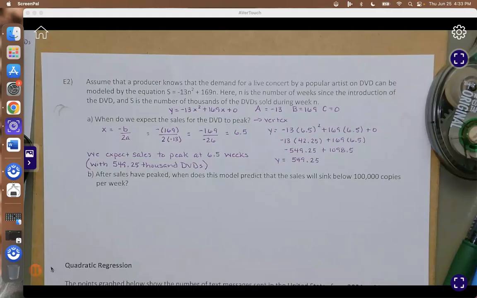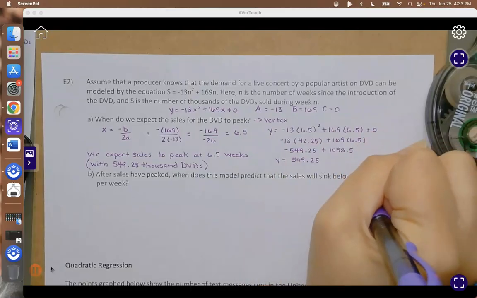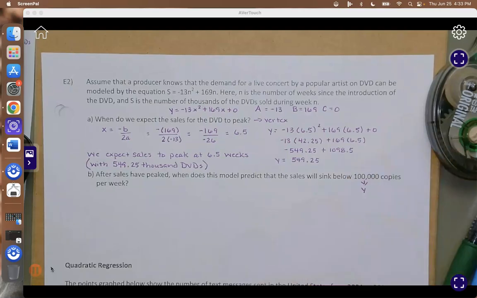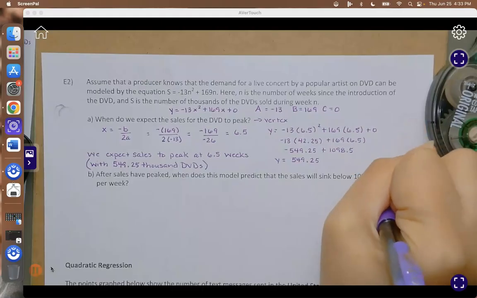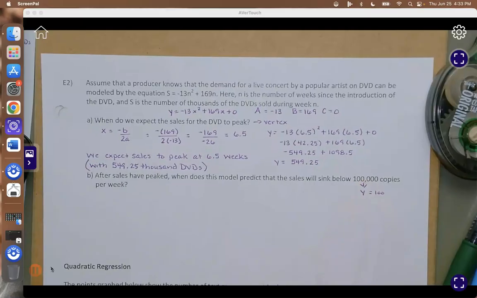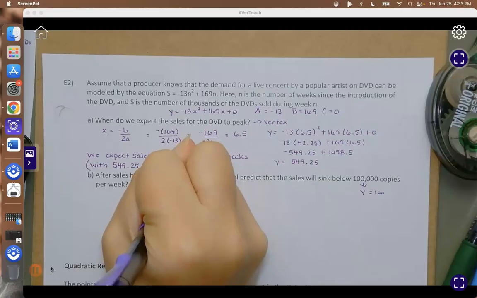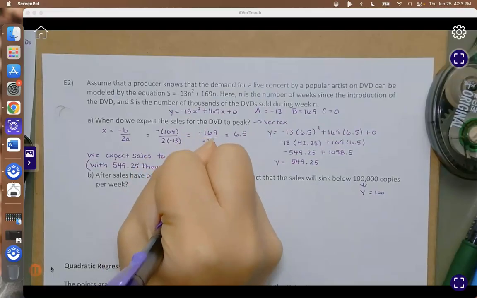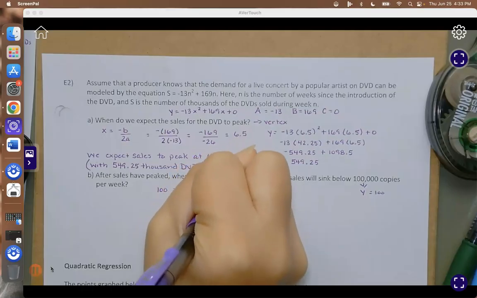Now, after sales have peaked, when does this model predict that sales will sink below 100,000 copies per week? So this is going to go in for our Y. Okay? But remember, we have to take off the thousands. So it's really 100 that we're going to be plugging in. So we have 100 equals negative 13n squared plus 169n.